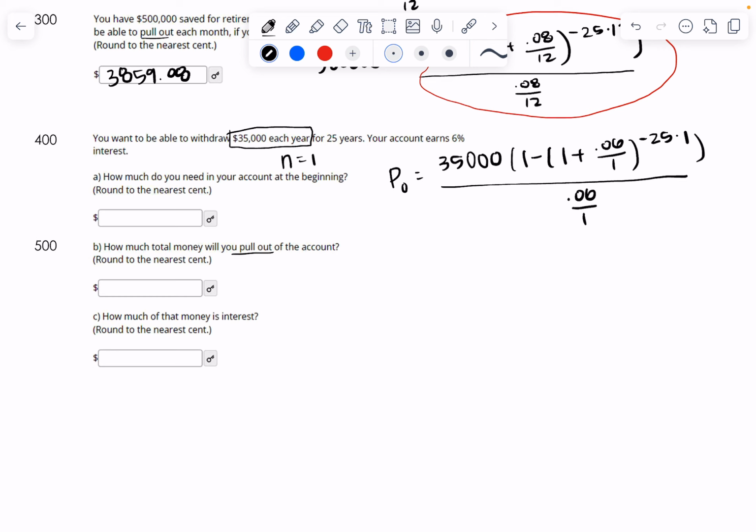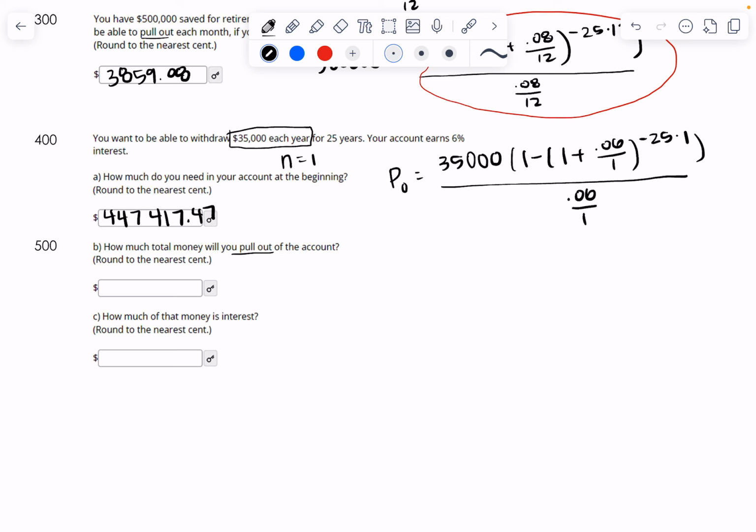And according to the key that I made, it should be $447,417.47. Lots of 4s and 7s on that answer.